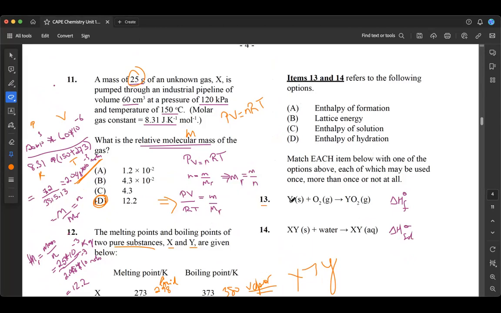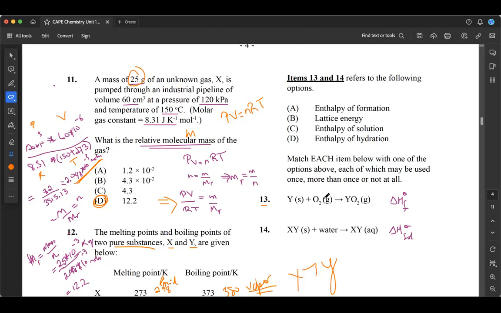13 says that if we have a solid Y that's combined with oxygen gas to form this gaseous oxide of Y, what do we call this? Would this be an enthalpy of formation, lattice energy, enthalpy of solution, or enthalpy of hydration? It turns out that this is the enthalpy of formation, because we have 1 mole of a substance being formed from its elements in their native state.